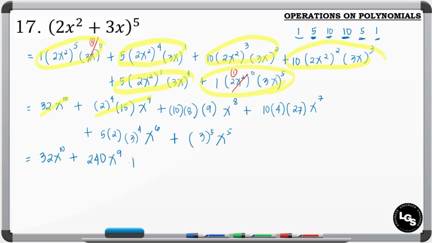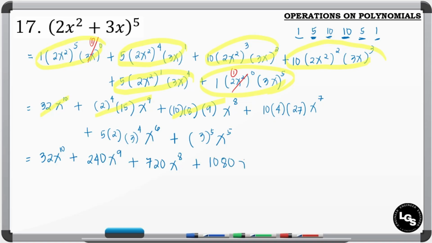Then next, again that is positive. So 10 times 8, that is 80 times 9, that is 720. So 720, then the variable x raised to 8. The next, we have 10 times 4, that is 40 times 27, so that is 1080.